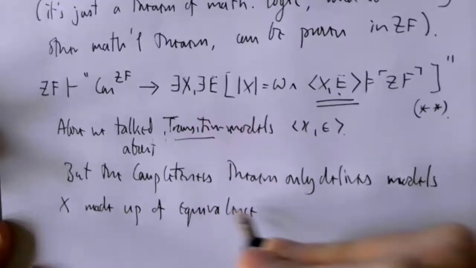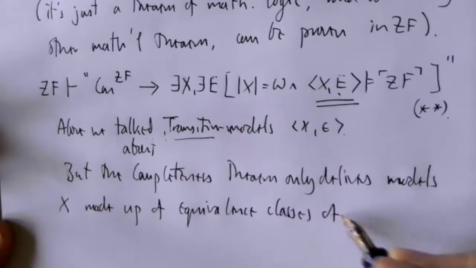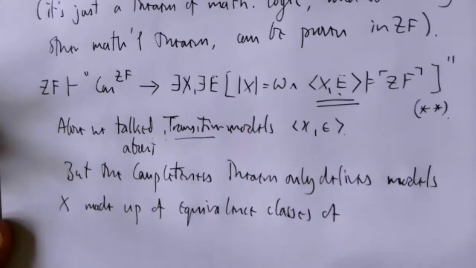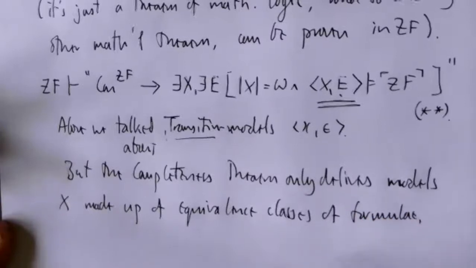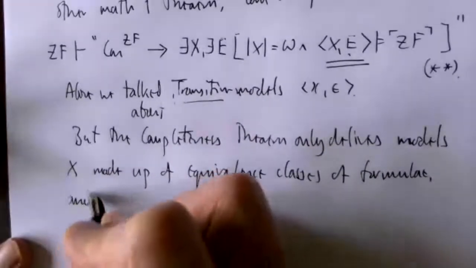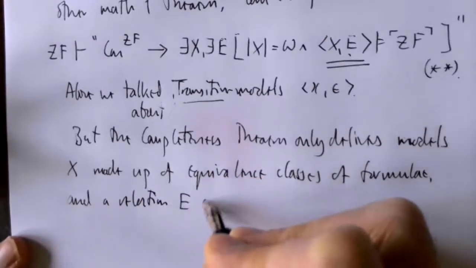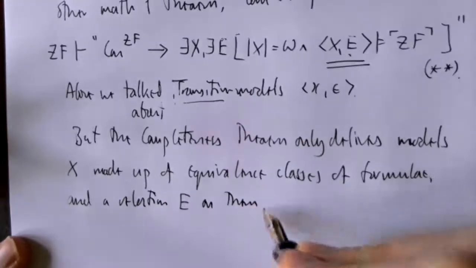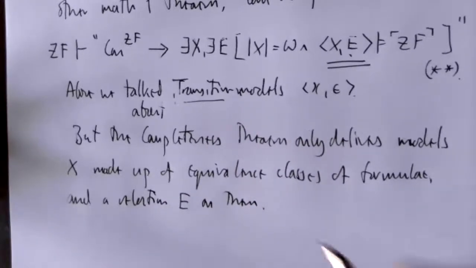Well, depending on which version of the completeness theorem you look at. If we look at the Henkin version of the completeness theorem, we get a model and a relation E on them. But E has got nothing to do with epsilon.